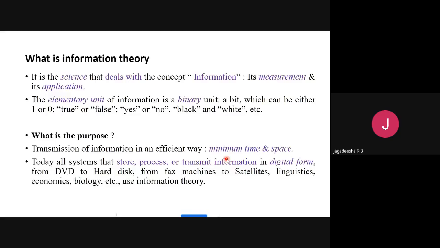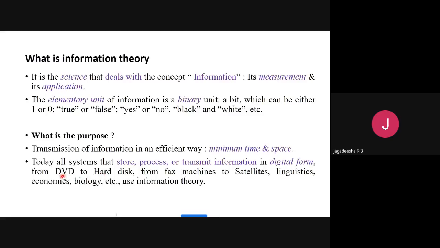Because if you see the different areas where information theory is being used, for example, in a DVD or a hard disk where we store the information, right? Maybe we store movies or video files or images or some text data, etc. Then we are mainly concerned regarding its space. A hard disk has some space in GBs or TBs.